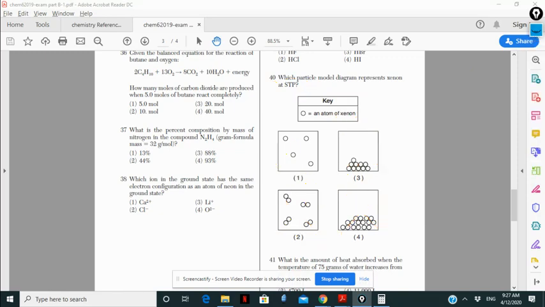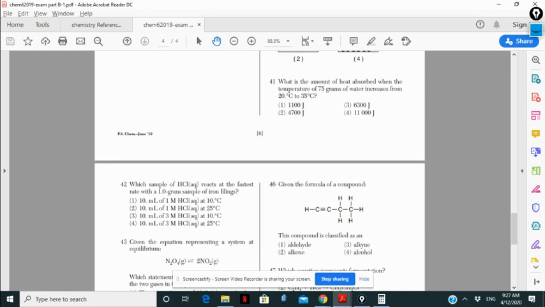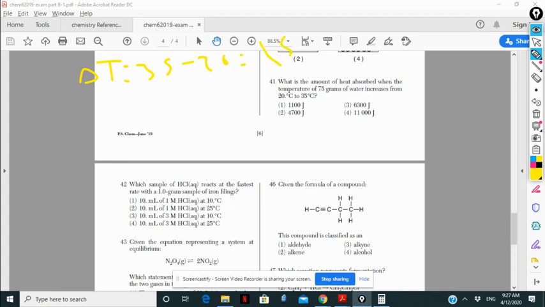Question number 41. What is the amount of heat absorbed when the temperature of 75 grams of water increases from 20 to 35 Celsius? So first, delta T is 35 minus 20, giving me 15. Now the mass is 75 grams.